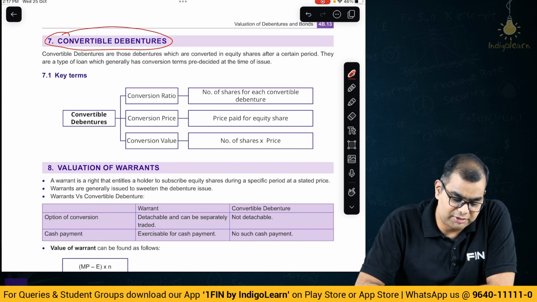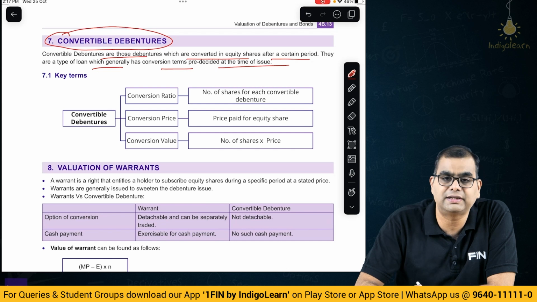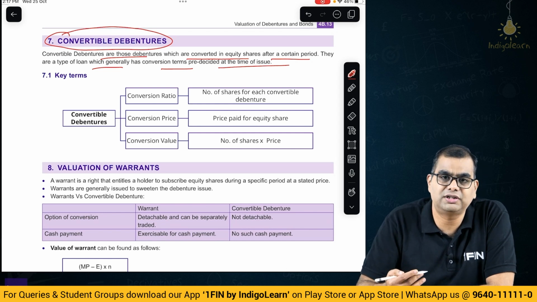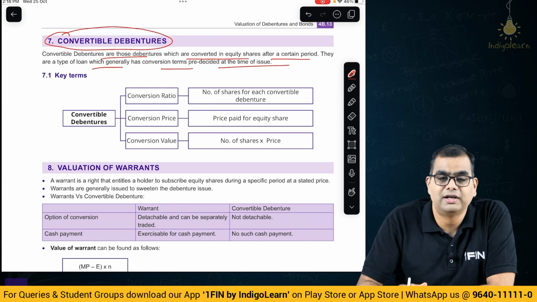Now, what are convertible debentures? These are those debentures which are converted into equity after a certain period. They are a type of loan which generally has conversion terms pre-decided at the time of issue. So the conversion parameters or requirements are pre-decided at the time of issue of the debentures. Let us take an example.